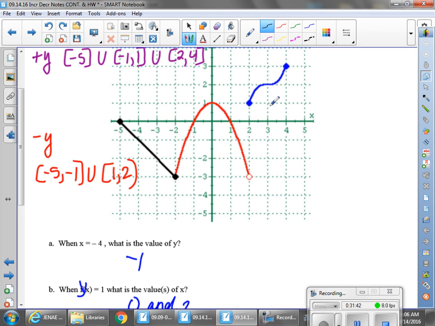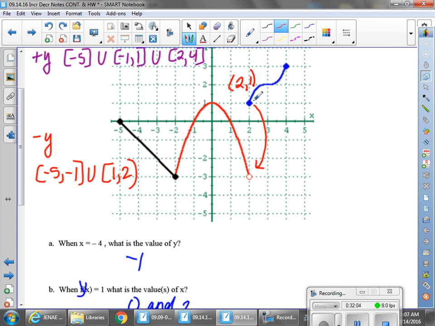And then you're right. Why did I not have to worry about this hole right here? That closed dot fills that one in. It covers for it. This ordered pair, 2, 1, exists, yes? So that x value 2 does exist.